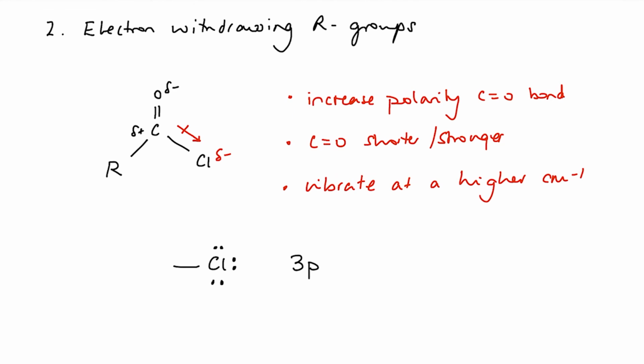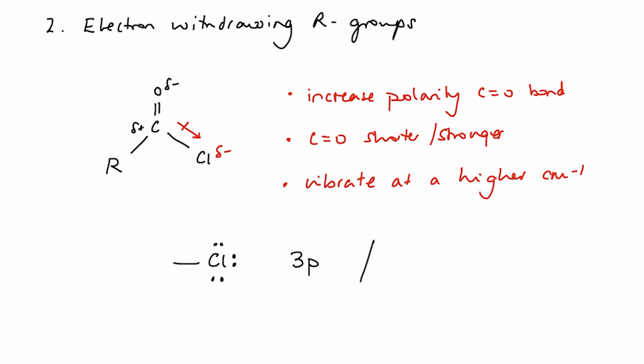And there is a very poor overlap between the 3p orbitals of chlorine and the 2p orbitals of carbon. So as a result, formation of a carbon-chlorine pi bond is not favourable. It doesn't happen. No conjugative effect possible.